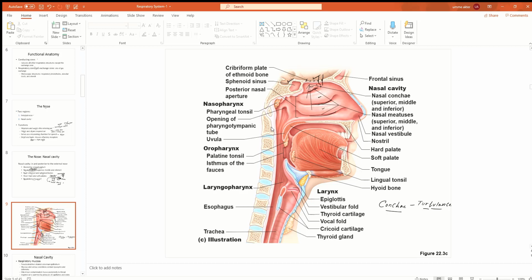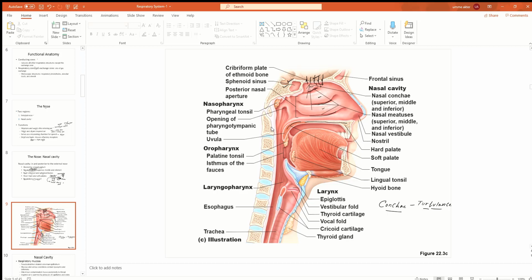Take the smell signal through the olfactory foramina. So olfactory foramina in the ethmoid bone are for the olfactory nerve fibers that take the smell signal from the nasal cavity to the brain. Okay, and this is the sphenoid in the back. So that is the roof, and this is the floor. You see the hard palate in the front, and this is the soft palate in the back.